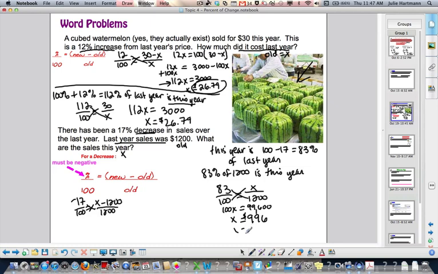Whereas if you do this one, 17 times 1200 is 20,400, equals 100 times X minus 1200. Distribute.